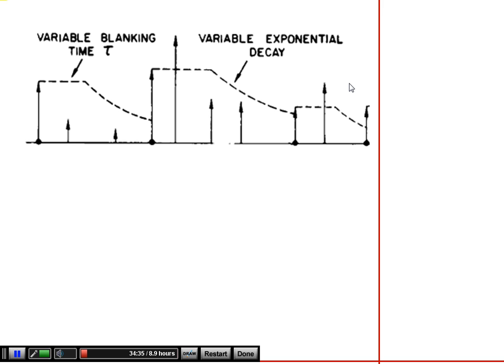The algorithm says that as I'm decaying, if I find some peak that is above the exponential value, I will take it. So then you go up here, again you have a blanking period, and again you start. Again it's possible that just while you are decaying, you find something big, then you go up and then you start.